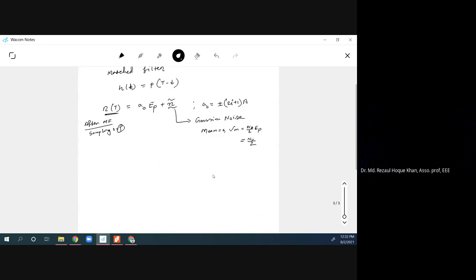We know this noise very well now, because this is additive white Gaussian noise with zero mean and variance of N0 by 2. Now for the decision statistics, the decision rule: how to decide who is what.